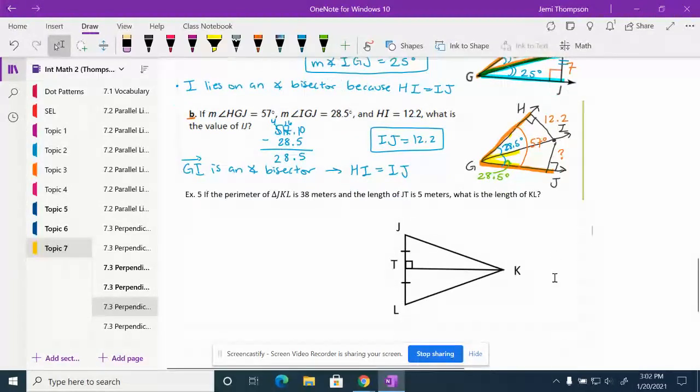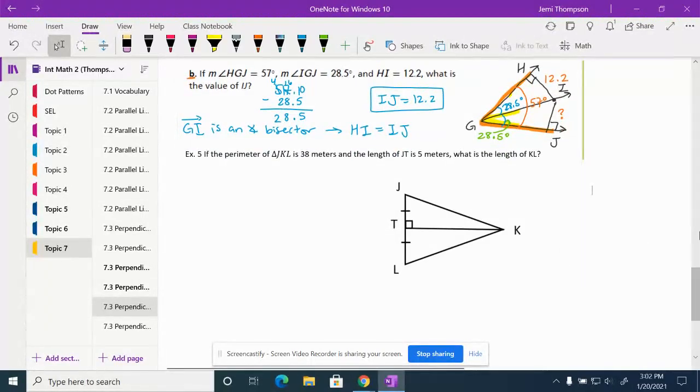All right. And one last problem here. Example 5 says if the perimeter of triangle JKL, which triangle is that? JKL.